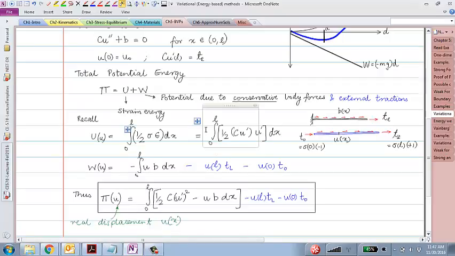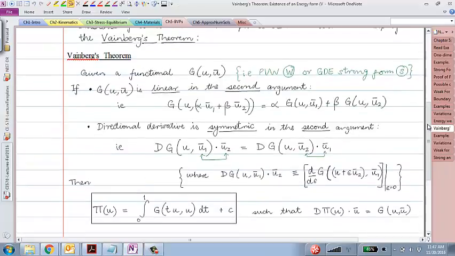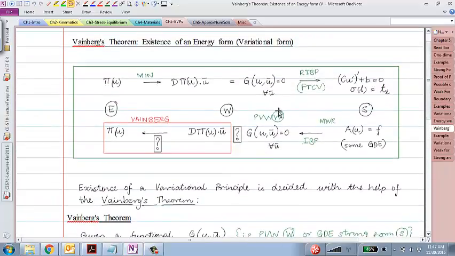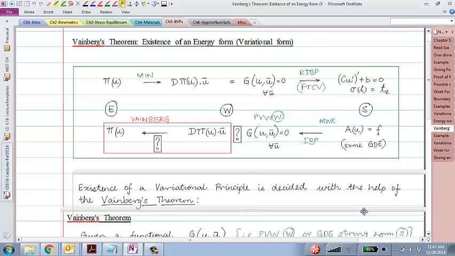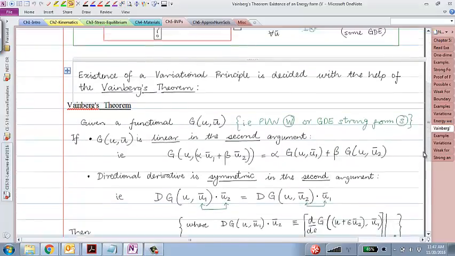The only term missing from that expression is this minus u0 t0, which actually is not something that you can obtain from the weak form, because we know that in this PVW form of the weak form, we had already assumed that the virtual displacement must be 0 where the real displacement is specified. So we cannot get that term.